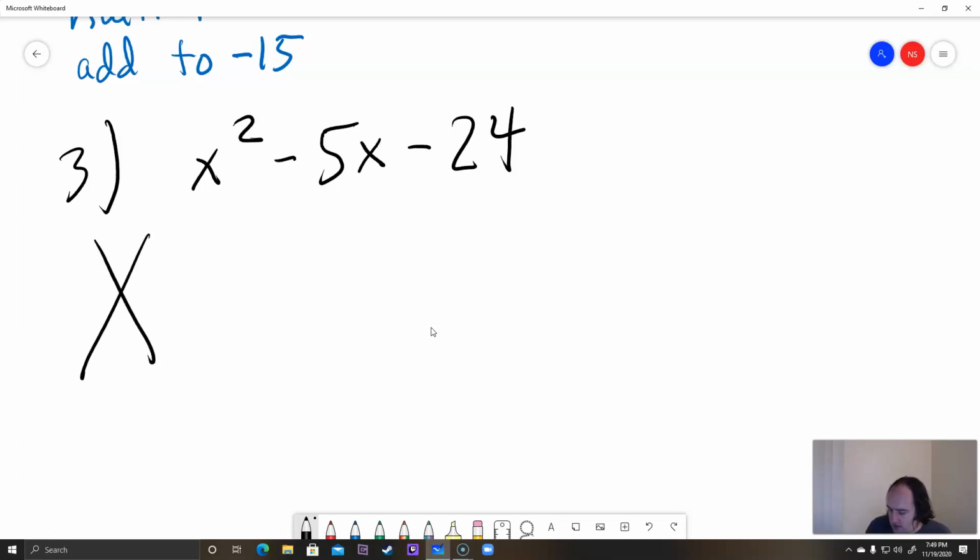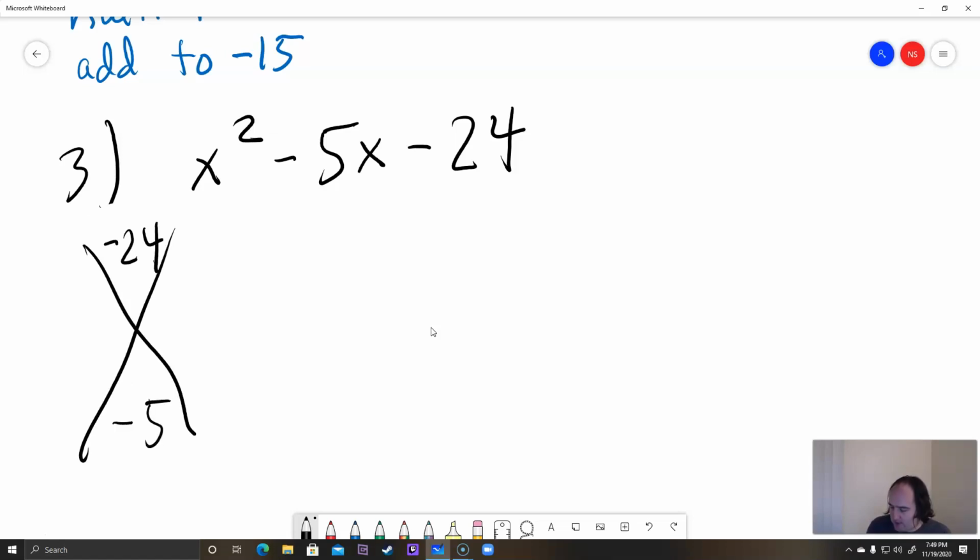And the third term, negative 24, goes on the top. Actually, let me make my x a little bit bigger. So negative 24 goes on the top, and then the second term, negative 5, goes on the bottom. And we want two numbers that are going to multiply to negative 24, but add to negative 5.